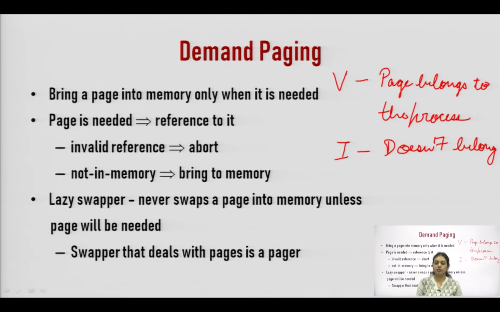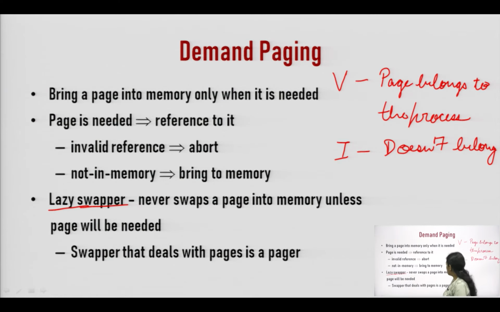Now, we have a module that brings a process into the memory, and that is called a swapper. So, a swapper brings a page in and out of the backing store to the physical memory. A lazy swapper means that it brings the process only when it is required. If it is not asked for, it will not bring the process.